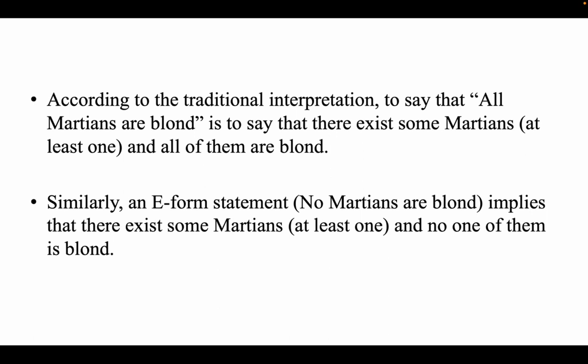And according to the same interpretation, the E-form also implies that Martians exist, that whatever entities are described by the subject class, they do exist. They are in existence. They're things that really exist.